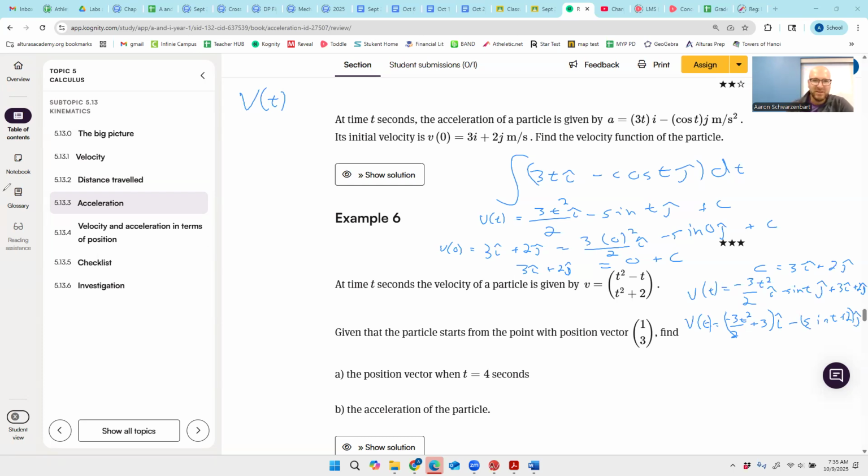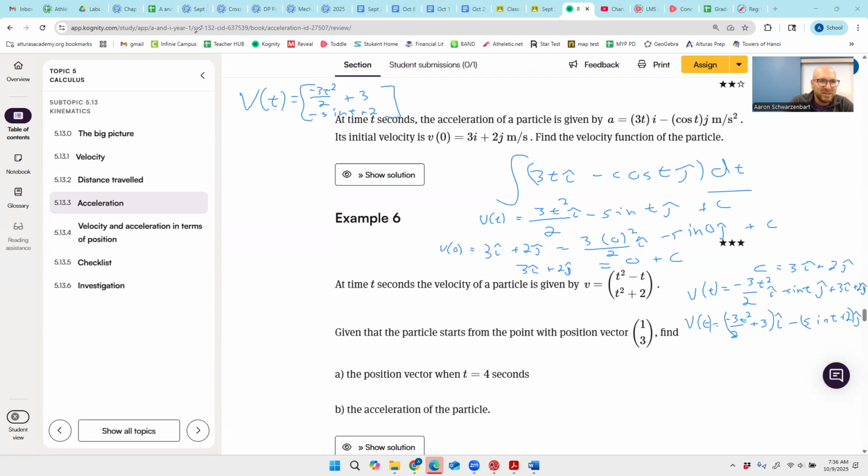You could give it in column vector form like this. Any of those work.